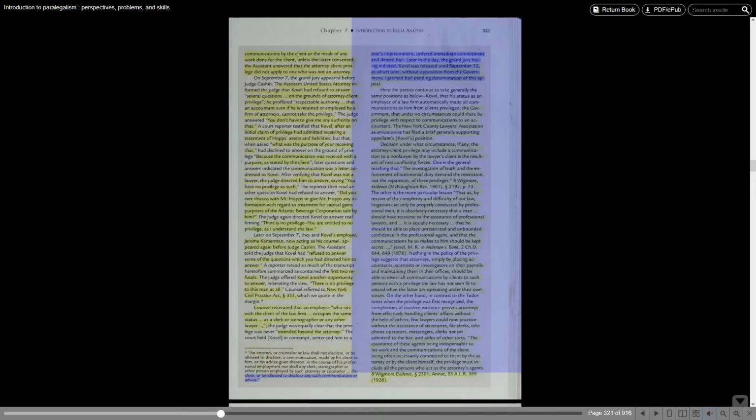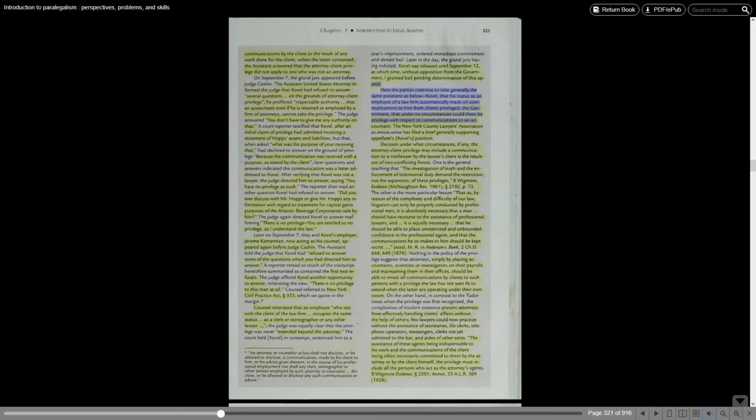Later in the day, the grand jury having indicted, Koval was released until September 12, at which time, without opposition from the government, I granted bail pending determination of this appeal. Here the parties continue to take generally the same positions as below. Koval, that his status as an employee of a law firm automatically made all communications to him from clients privileged.